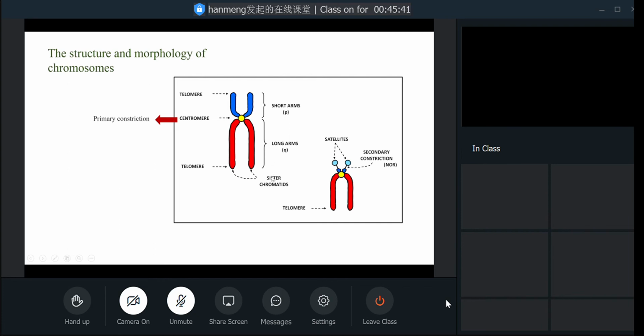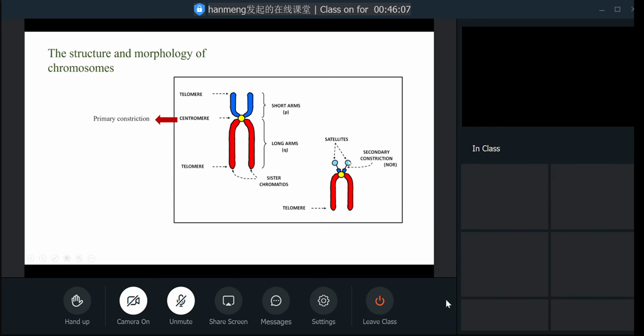Here are the two chromatids, and from the centromere, the chromatids can be divided into short arms, abbreviated as P, and long arms, Q.